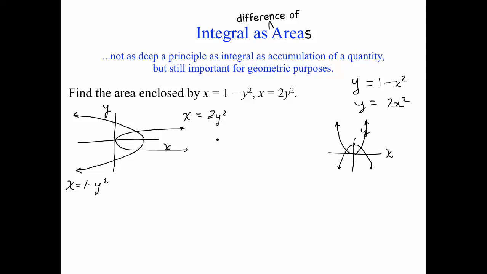Do you see what it is? Yes, it's enclosed by both. It will be all this. I'll do it in blue. Okay, so that is the area enclosed by both. And no axes, right? No axes.